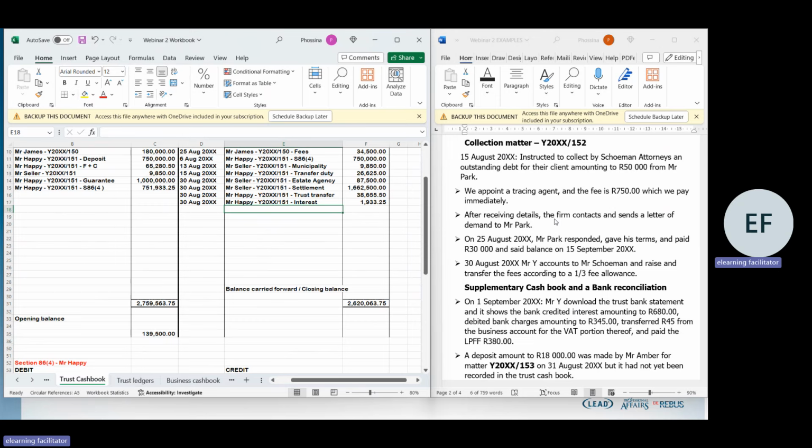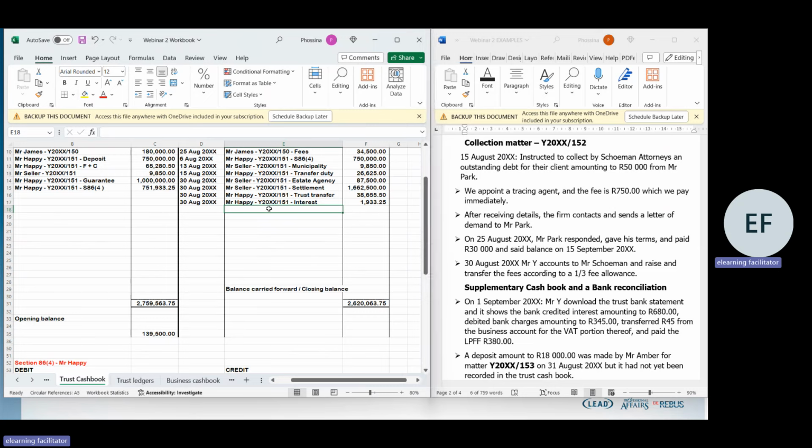This is a correspondence matter. We are handling the matter on their behalf. We haven't been paid anything. So for us to pay a tracing agent, we have to pay out of the business account. And this we are doing for Schoeman attorneys on behalf of their client. So our client would be Schoeman attorneys.